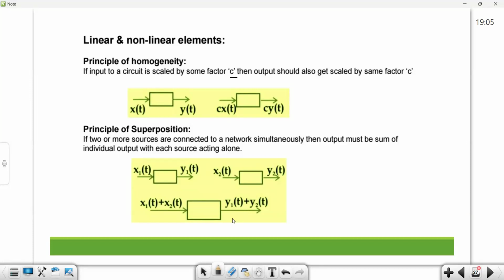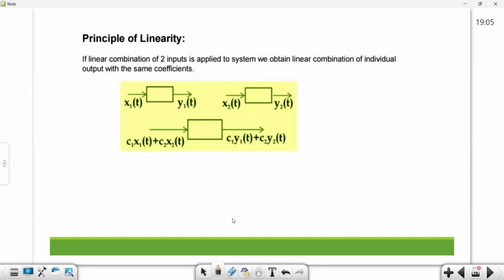Now, if a linear combination of two inputs is applied to a system, we obtain a linear combination of individual outputs with the same coefficients. Here you see, x1 if I apply as input, y1 we get as output; x2 we apply as input, y2 we get as output. And also you see clearly C1 is multiplied with x1, C2 is multiplied with x2.